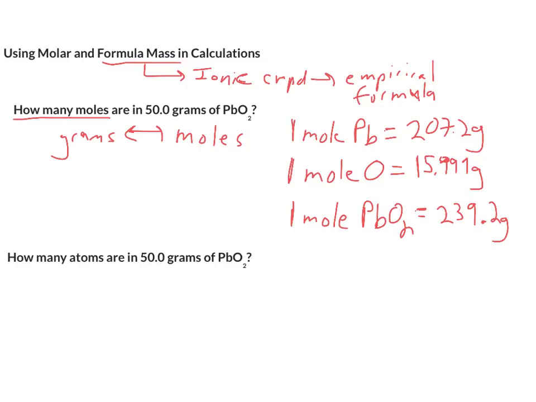So we've got 50 grams PbO2. Get units to cancel. Grams in the numerator, we need to put grams here in the denominator for units to cancel.